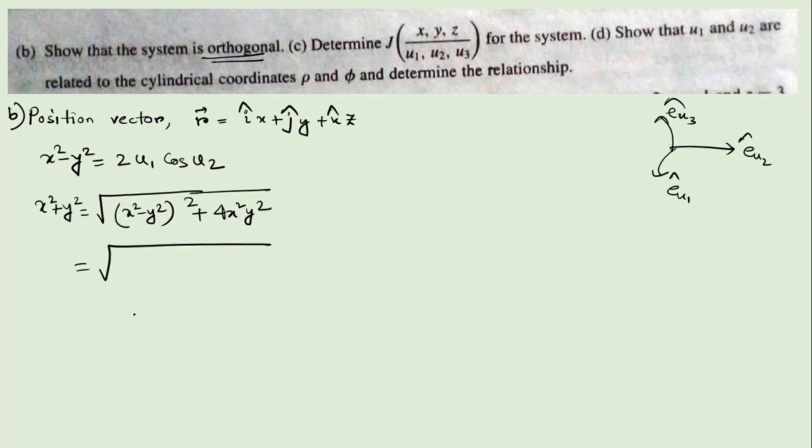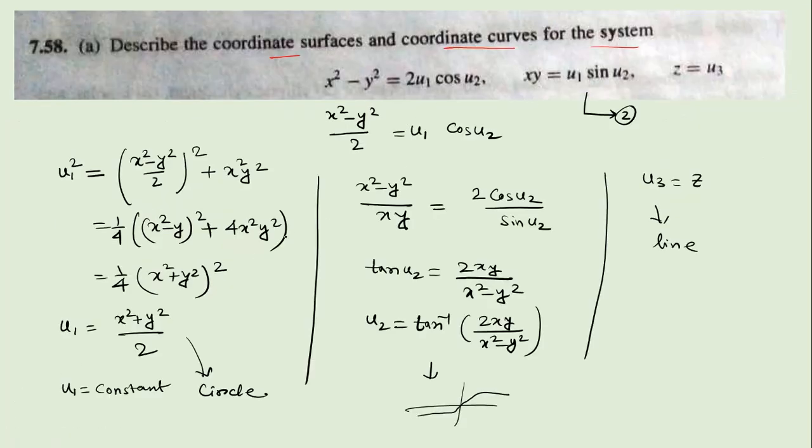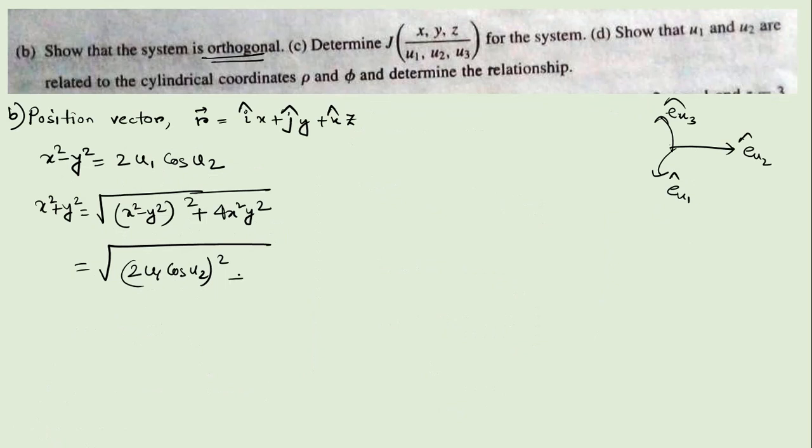If you put the value of x square minus y square, this is nothing but 2 u1 cos u2 whole square, and xy is u1 sin u2. So this is 4 u1 square sin square u2, right? If you take 4 u1 square common, x square plus y square is 2 u1, and x square minus y square equals 2 u1 cos u2.